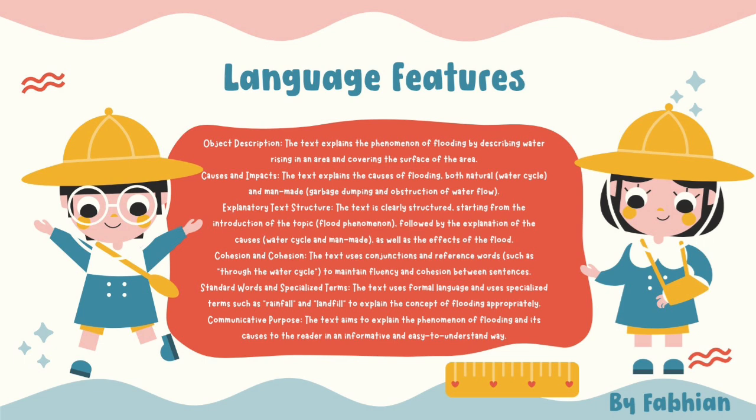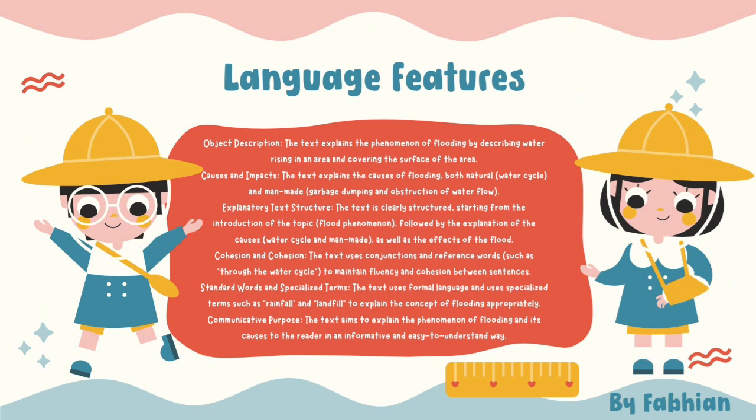Explanatory text structure. The text is clearly structured, starting from the introduction of the topic, the flood phenomenon, followed by the explanation of the causes, water cycle and man-made, as well as the effects of the flood. Cohesion and coherence. The text uses conjunctions and reference words such as through the water cycle to maintain fluency and cohesion between sentences.